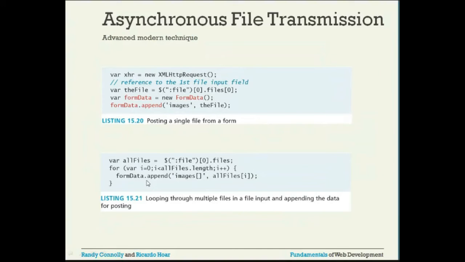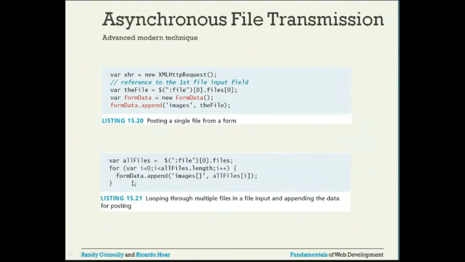You will iterate through that complete list. So variable i is equal to 0, i less than allFiles.length. If there are 10 files, the value of this would be 10. So it will iterate from 0 to 9.